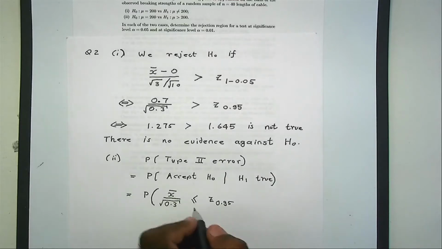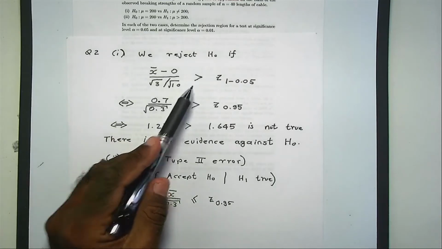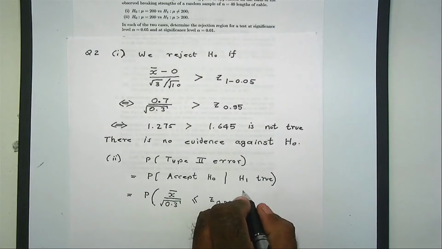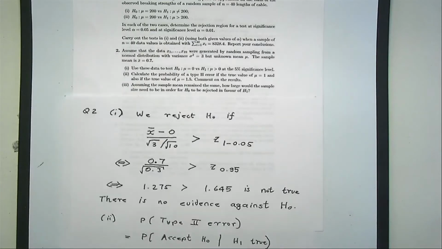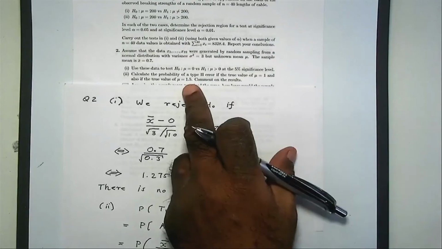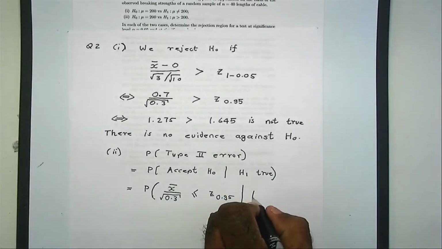Okay. So this is just the opposite. Here you have greater than, here you have less than or equal to. So let's take the first case. We are asked to find the probability for two different values of mu, right? So let's first consider the case mu equal to 1.